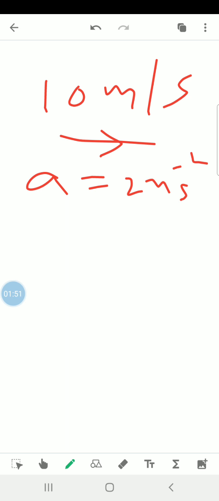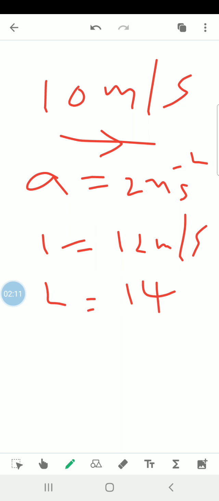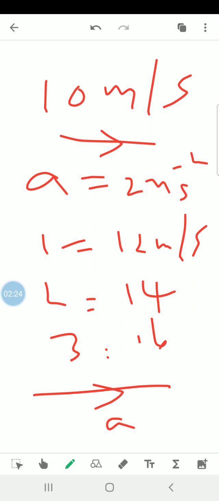What does that mean? It means that each second that passes by, 2 meters per second will get added. So after the first second, the velocity is going to be 12 meters per second. After the second, it is going to be 14. After the third second, it is going to be 16, like that. So in straight line motion, if there is an acceleration, the velocity is going to change.